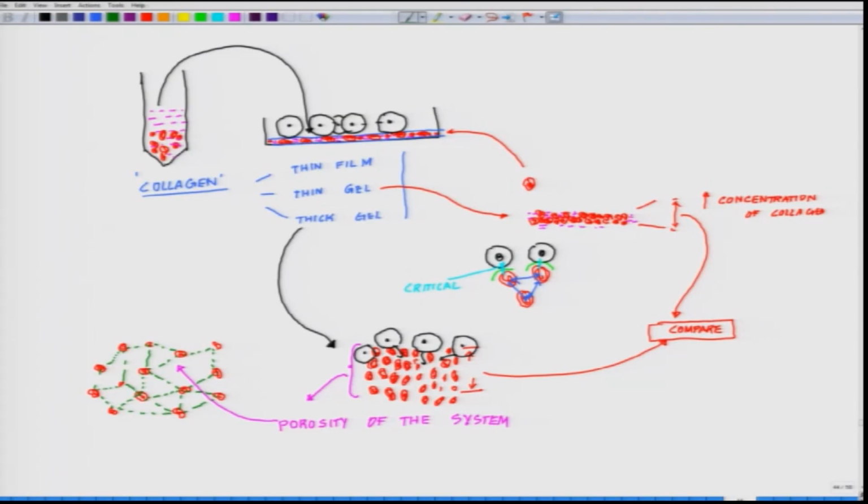Now you look at it. Now you have those cells which you are placing here. Some of them will be getting inside like this, like this, like this.